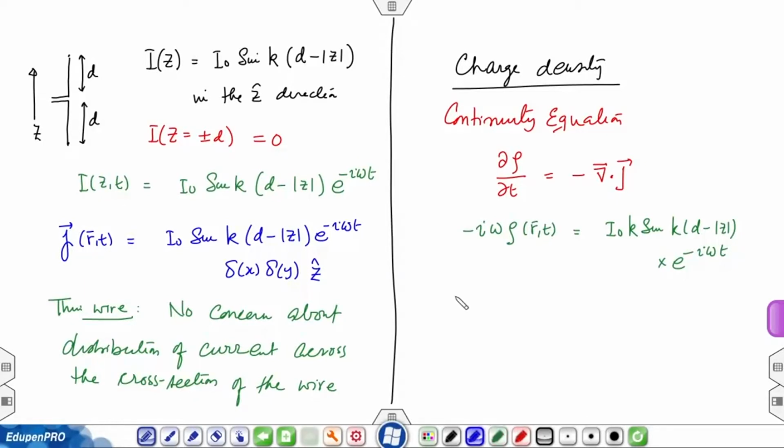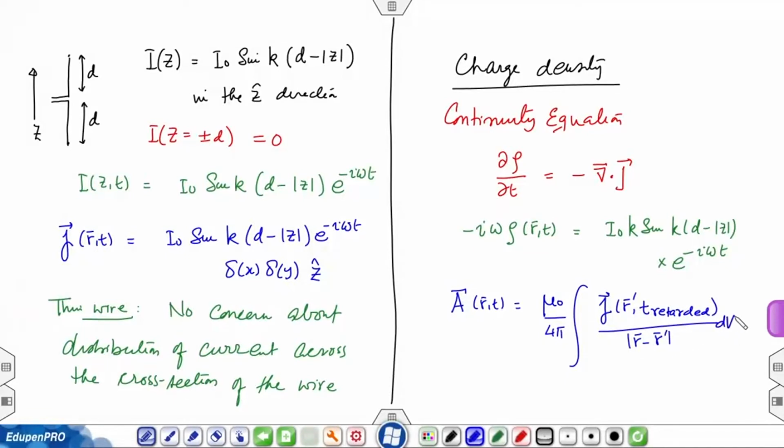So, we will calculate the vector potential A(r, t) from the current density, J(r prime, t retarded) divided by mod of r minus r prime, dv prime, and we will calculate the electrostatic or the scalar potential as 1 over 4 pi epsilon 0 integral rho(r prime, t retarded) over mod of r minus r prime, dv prime.